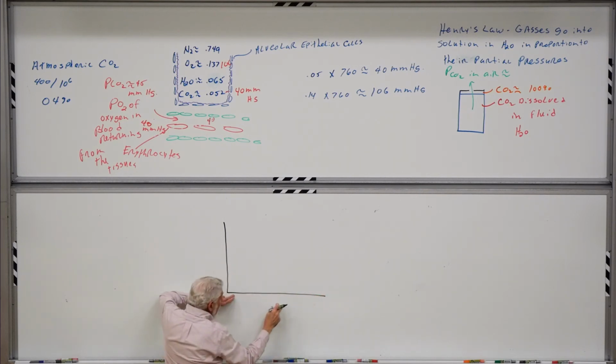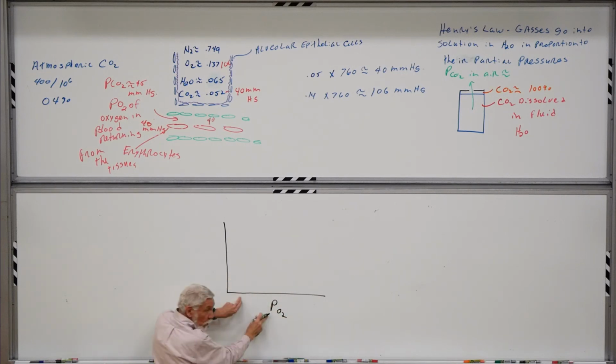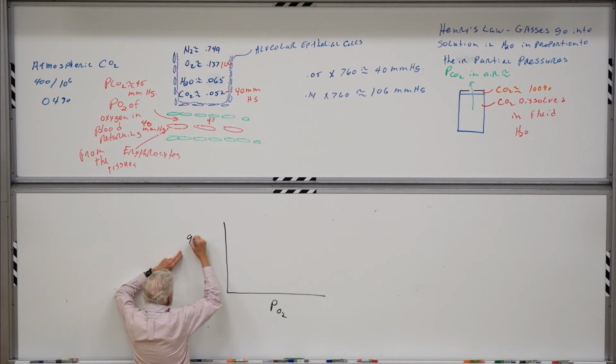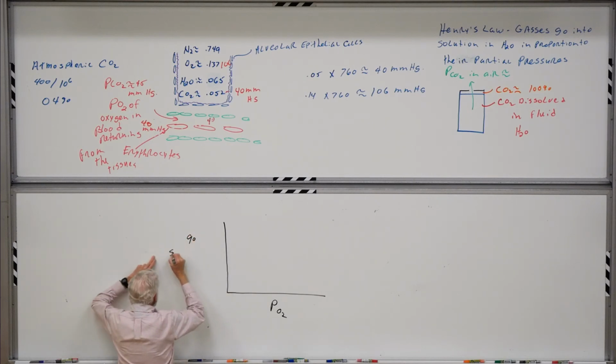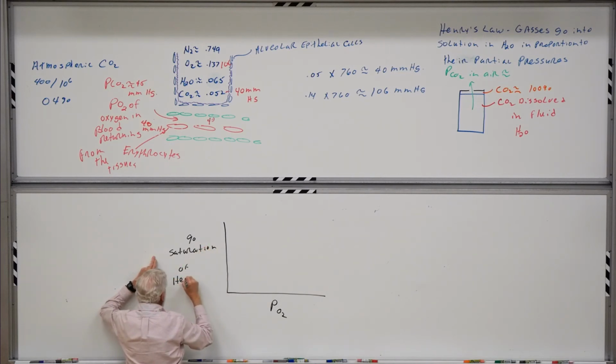So on the abscissa, we're going to plot PO2, partial pressure of oxygen. And on the ordinate, we're going to plot percent saturation of hemoglobin.